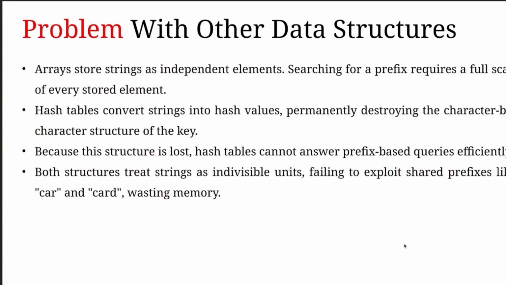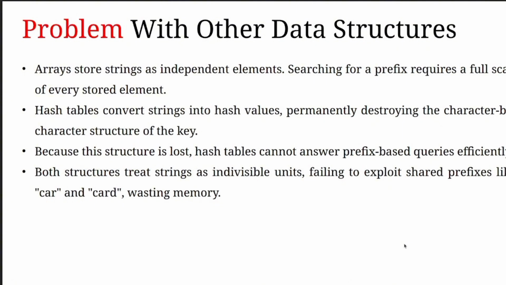Now let's discuss why we need Trie. Traditional data structures such as arrays and hash tables have some limitations when working with strings. In an array, if we want to find all words with a specific prefix, we may need to check every stored word one by one.